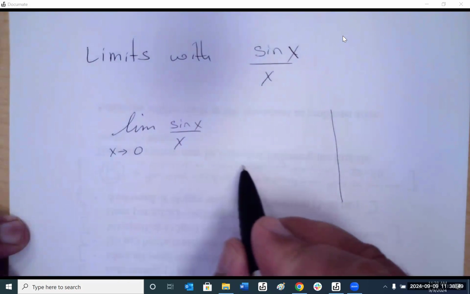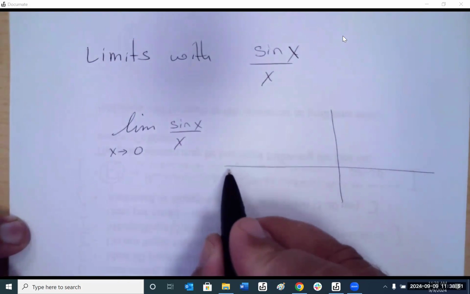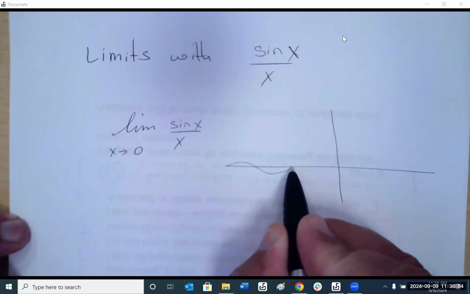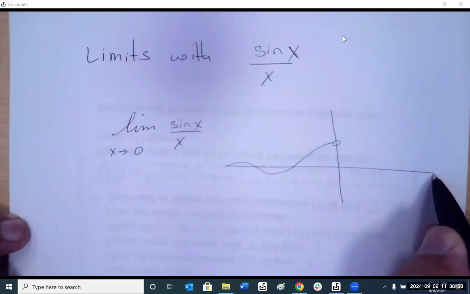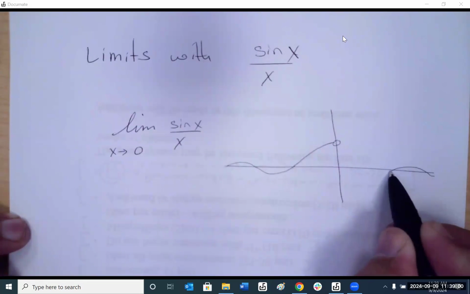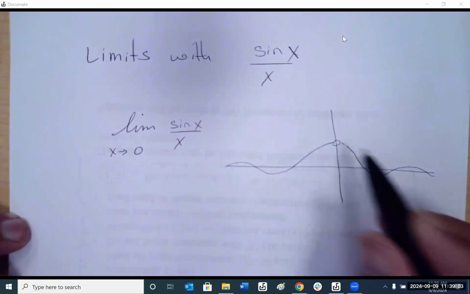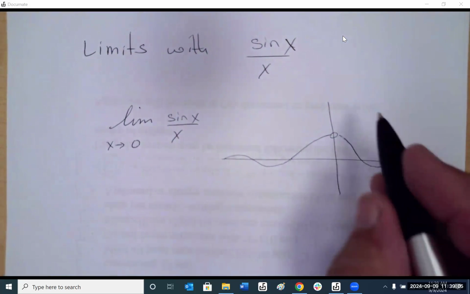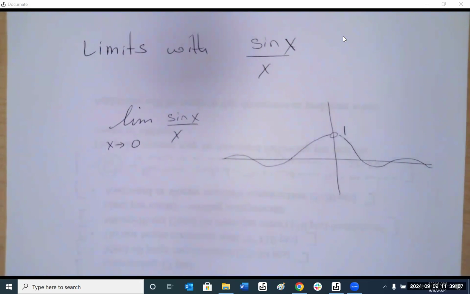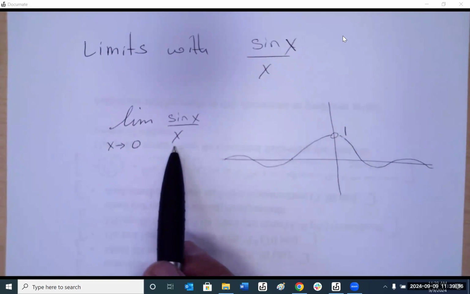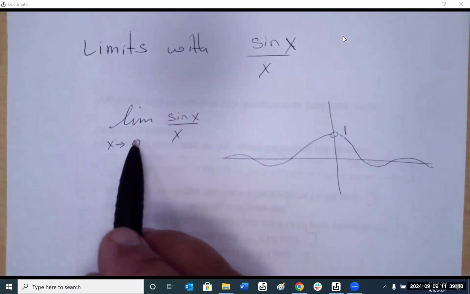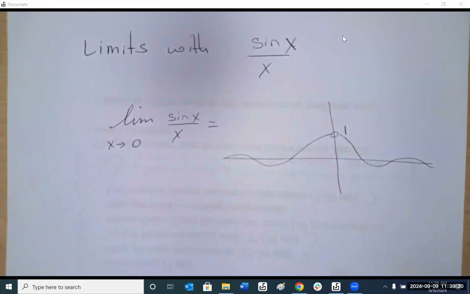What this graph looks like, it looks like that. Why is there an open circle at 0? Because you can't divide by 0. But what is the limit as it approaches zero?